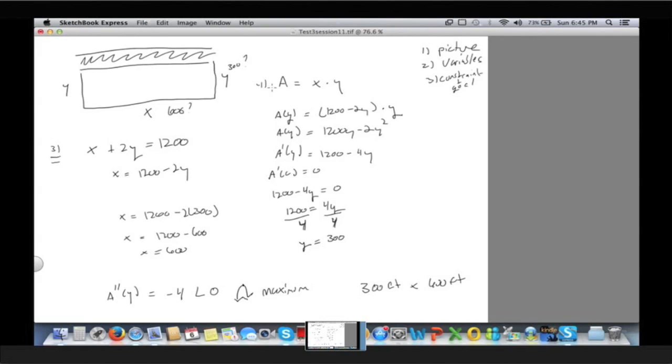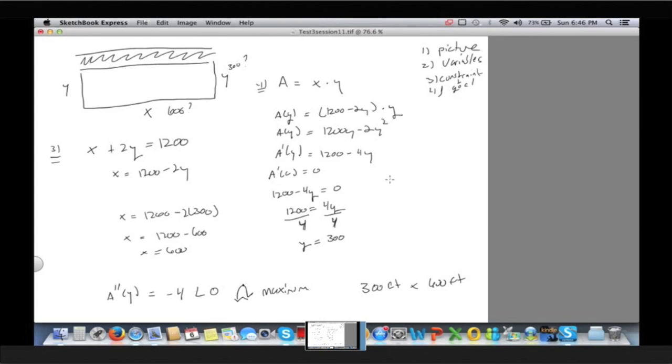We were trying to maximize A. Remember that we only know how to work with functions of only one variable. So after step 4, you usually have to solve the constraint for one of the variables and then substitute that into the goal so you only have one variable.